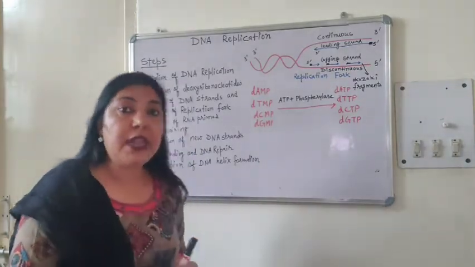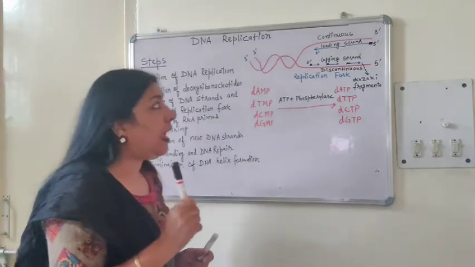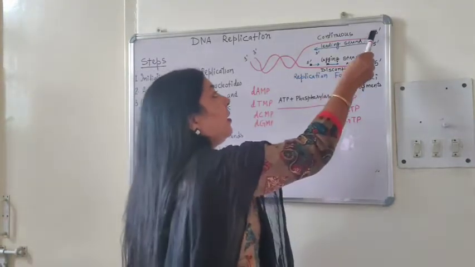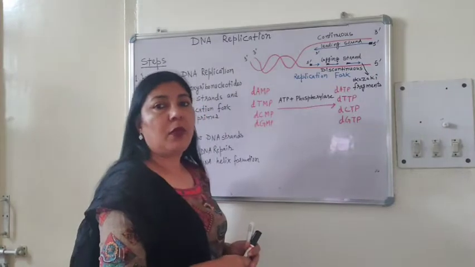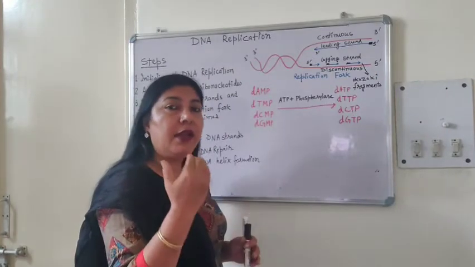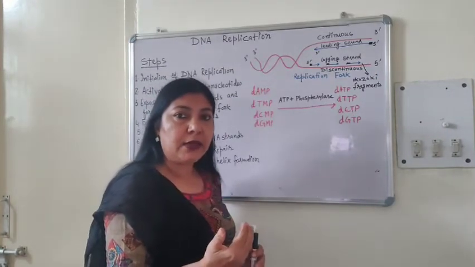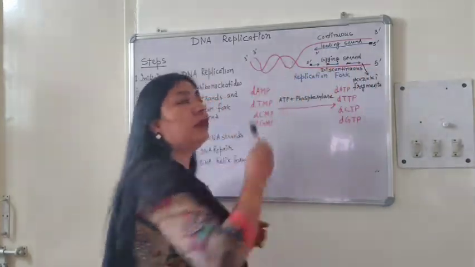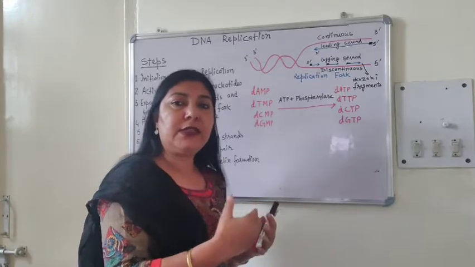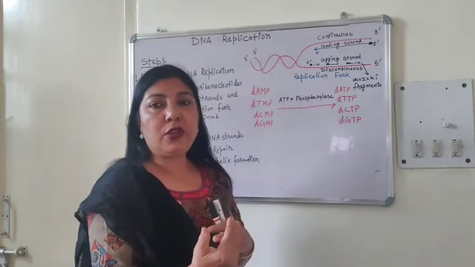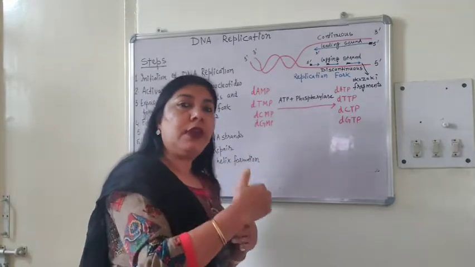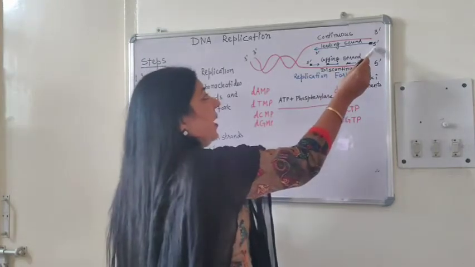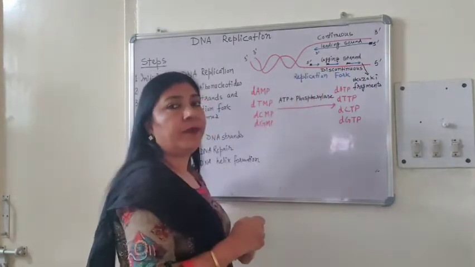Now the DNA polymerase acts in the 5' to 3' direction. It will synthesize the new strand in the direction of 5' to 3'. So this is 5' and this is 3'.